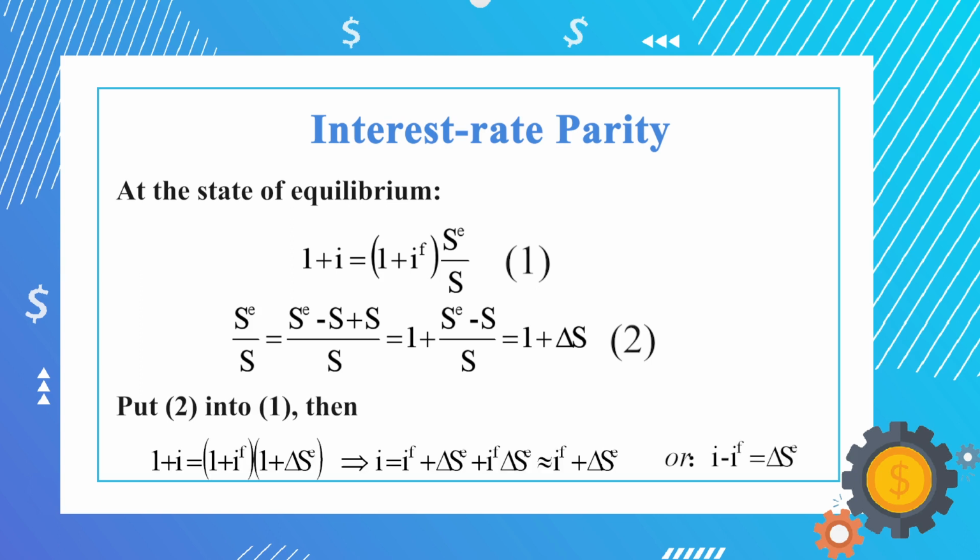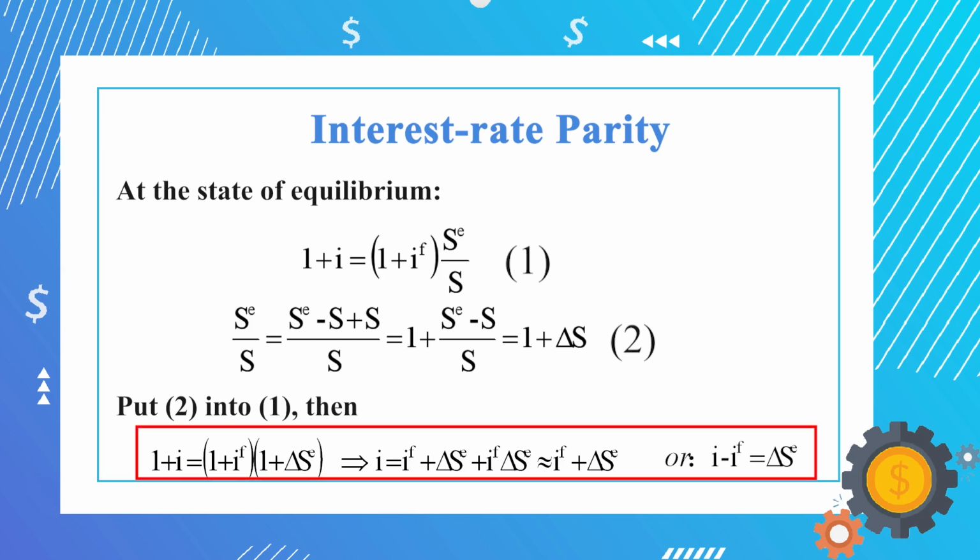The product of I_F and delta S is ignored because the product of the 2 numbers, which are less than 1, is very small, so we drop it. Then we get the formula of interest rate parity.